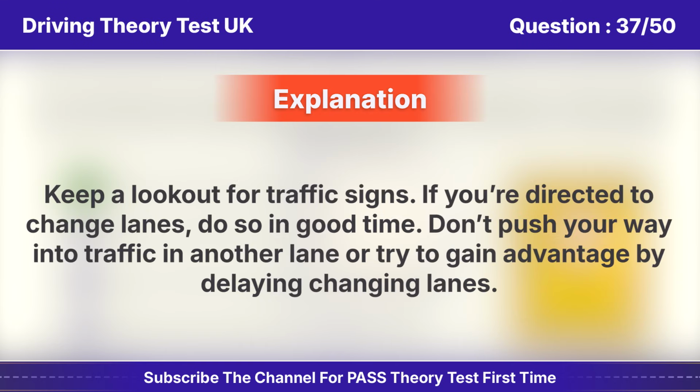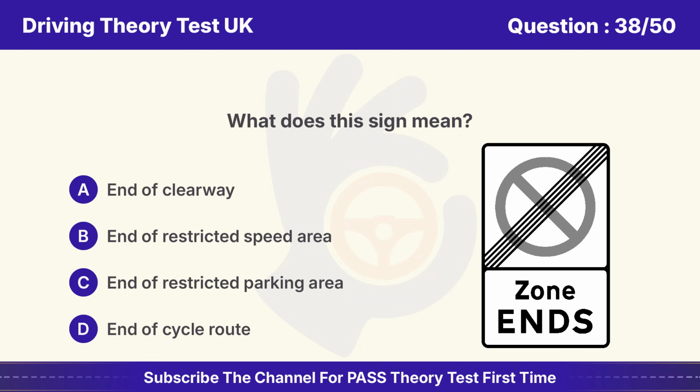Keep a lookout for traffic signs. If you're directed to change lanes, do so in good time. Don't push your way into traffic in another lane or try to gain advantage by delaying changing lanes. Question 38. What does this sign mean?